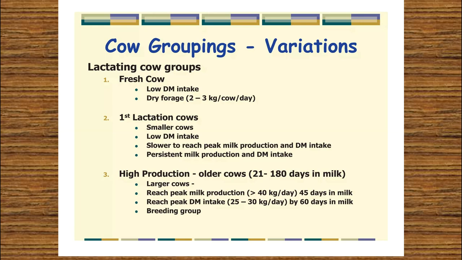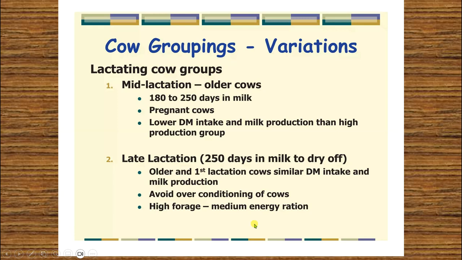So this is another thing, how the cows need to be bred. Then the mid lactation or older cows are classified as 180 to 250 days in milk, and sometimes the animals will also be pregnant, with lower dry matter intake and milk production than the high production group.